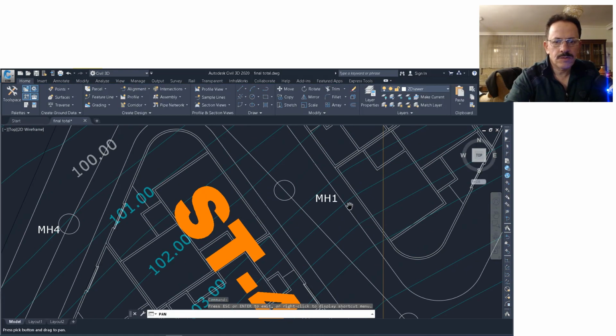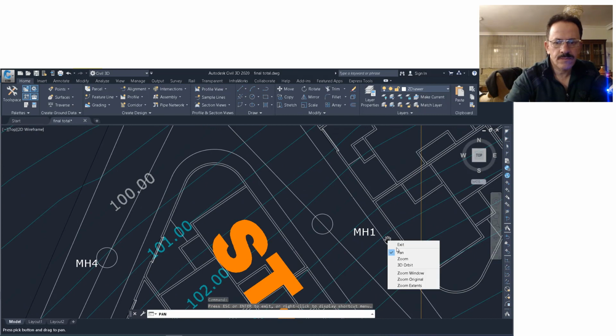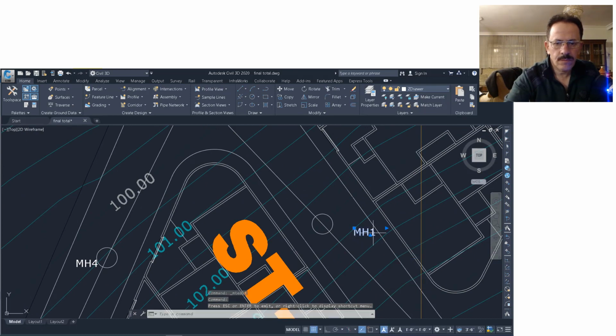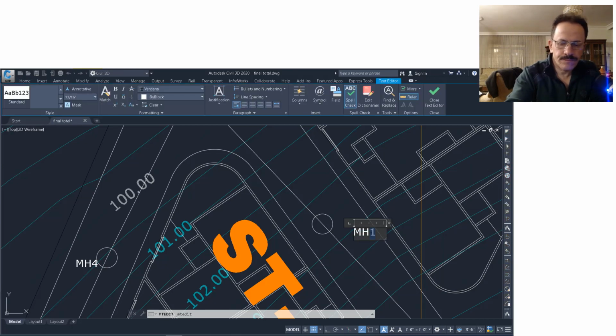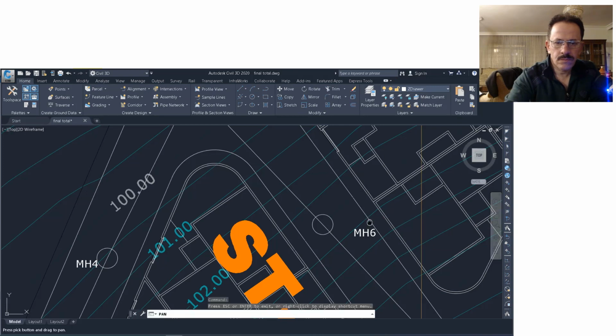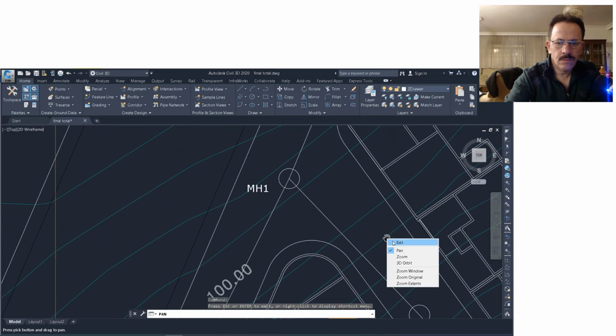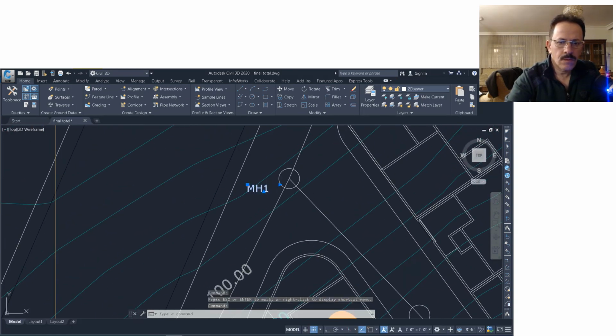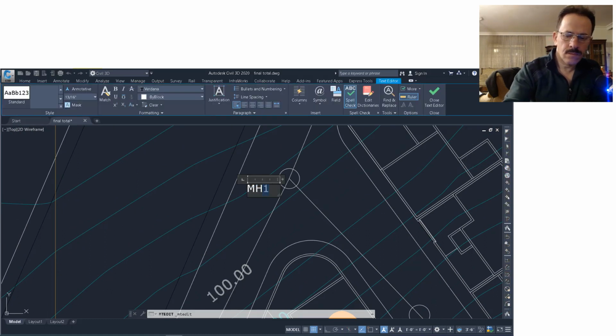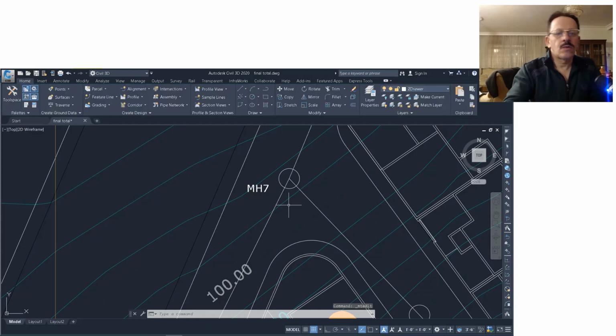And 6 and 7. Okay, and you have to continue till you are done with the zone that you have.